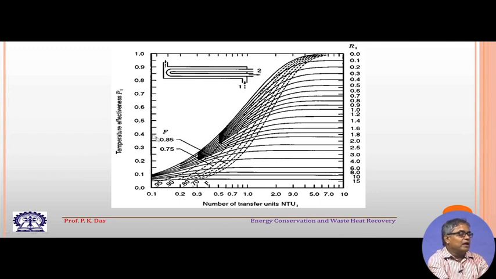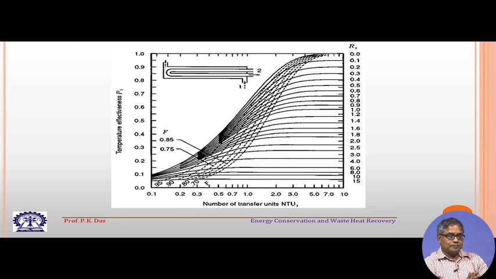So, if the 4 temperatures are known, the way earlier we have calculated P and R, we can calculate. Now, we can use this chart, P and R values are known. So, from there if we come here, we can calculate the value of NTU. So, this is one way of determining NTU.